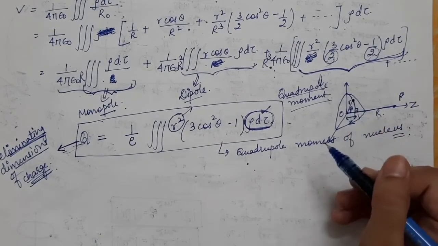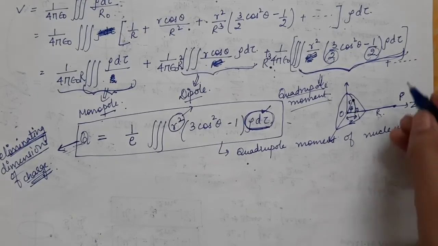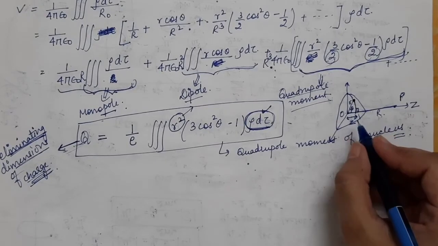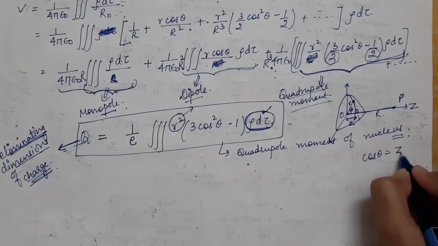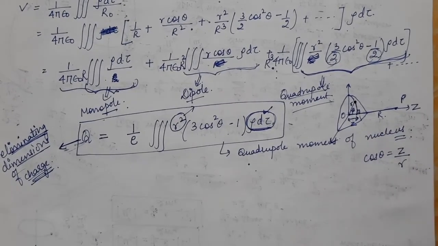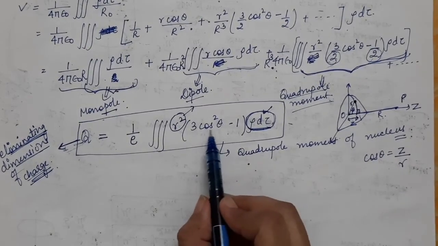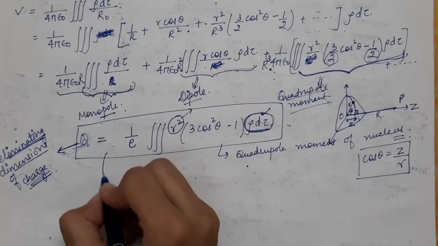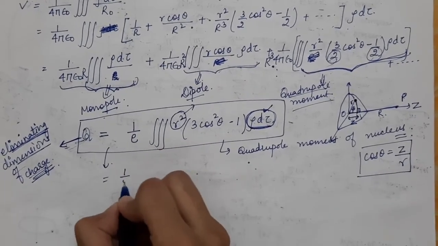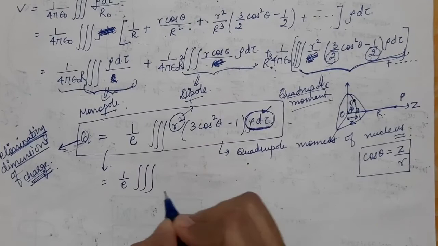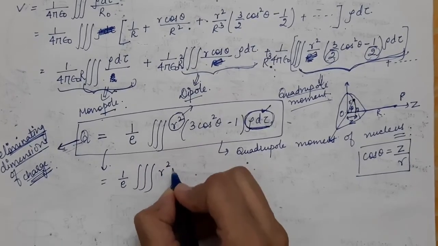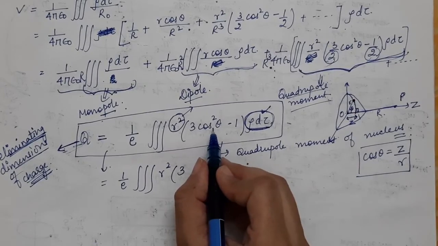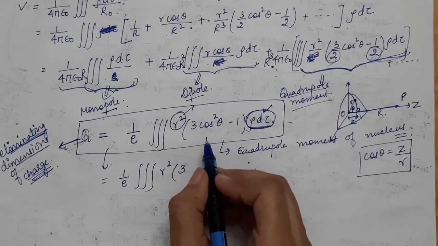So in this right angle triangle, cos theta is base upon hypotenuse, and base is equal to small z divided by its hypotenuse. So we can replace cos theta by z by small r. So we can further write it as 1 by e integration of r square times 3 times z square divided by r square.